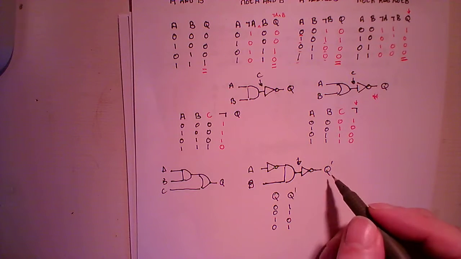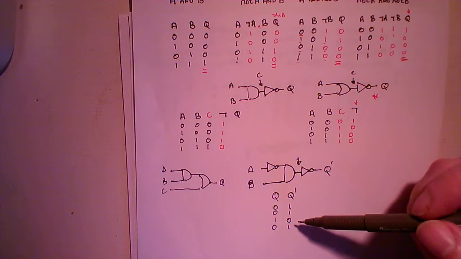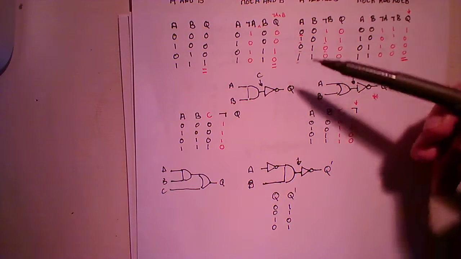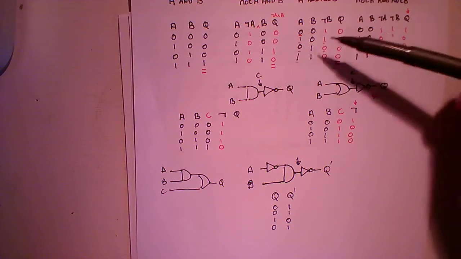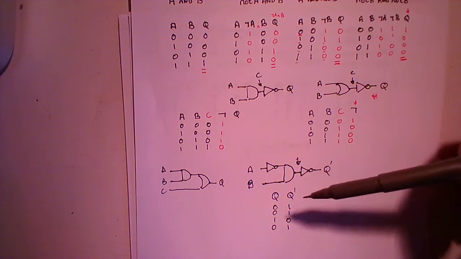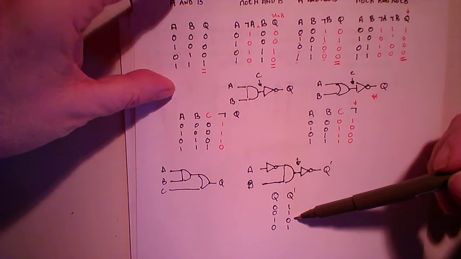In other words, we've inverted it. And that will have a similar truth table to one of the 4 that we did with either the AND or the OR. And because it's an AND here, I'm going to find this result in the OR tables.